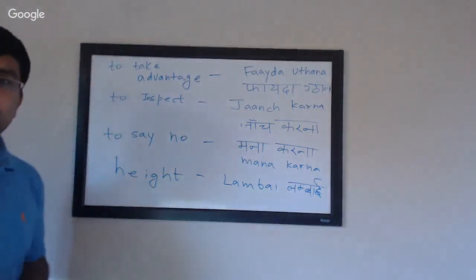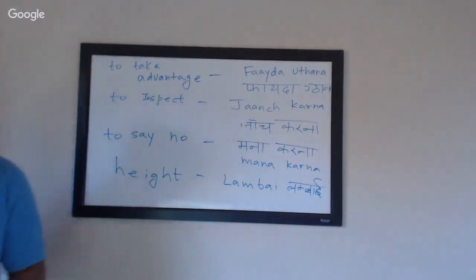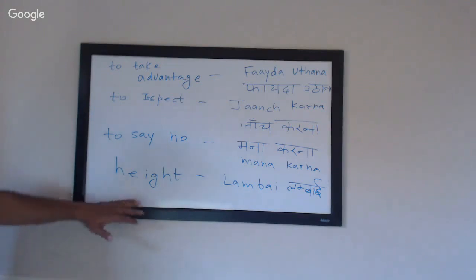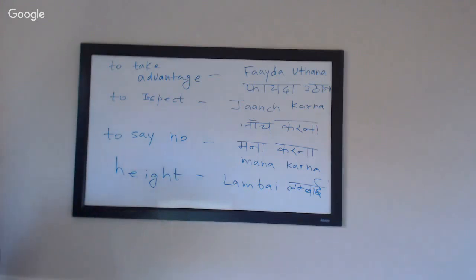Lambai, okay, height is lambai. But as you rightly pointed out, when you say a tall girl, it's lambi ladki. A tall boy is lamba ladka, right? But height, in general, if you're reading it as a noun, it's lambai.